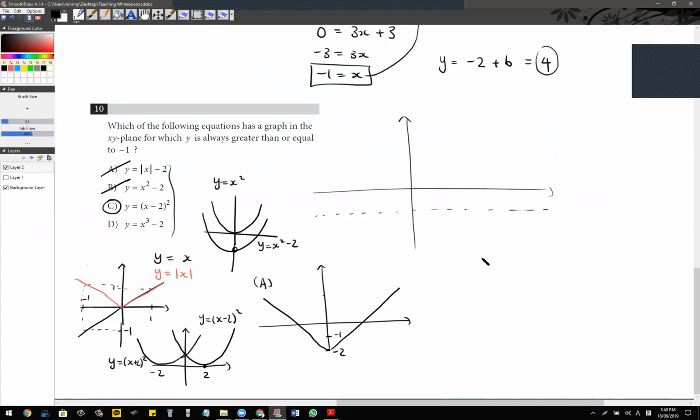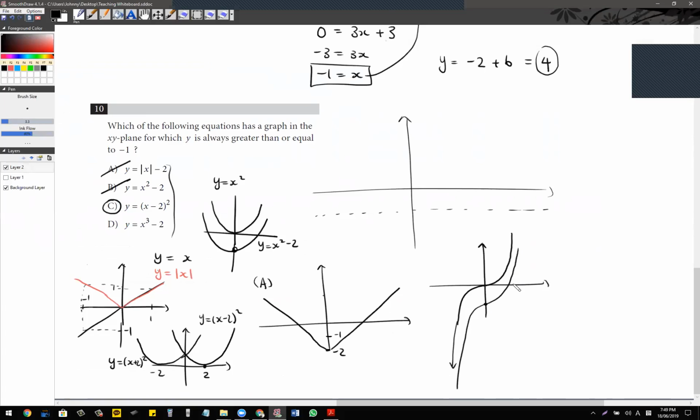This one, the original cubic function, looks like this. It doesn't matter how much it moves up or down, it's always going to stretch down to negative infinity. So actually the graph is going to look like this rather.